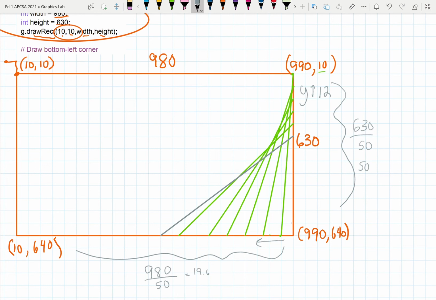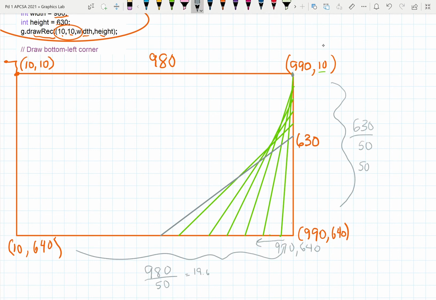So what you want to do is you want to say, well, what's my first line going to connect? My first line is going to connect 990, 10 to the coordinate, and if I'm going down by 20, this is going to be 970, 640. My next line, so let's see what's happening to the x and the y coordinates.